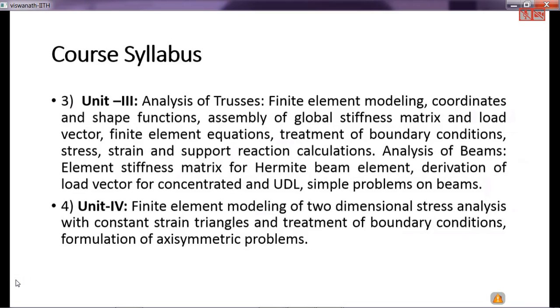Now for a bar, at each and every node, only the axial displacement is the unknown degree of freedom. However, for a beam, since the load is applied in the transverse direction, your displacement is also in the transverse direction.